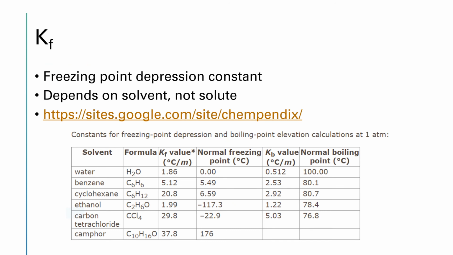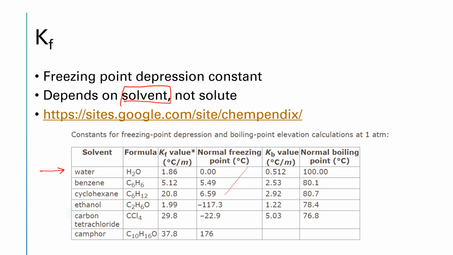The other new symbol in our equation for freezing point depression was the K sub F. This is known as the freezing point depression constant, and when you go to a table and look it up, you want to look for a solvent, not for the solute. So if we're dealing with an aqueous solution, we would want to look up the numbers for water.